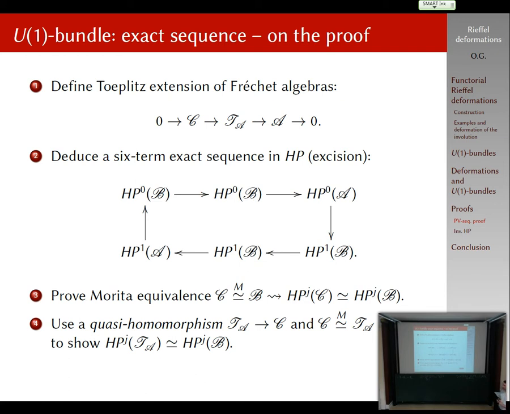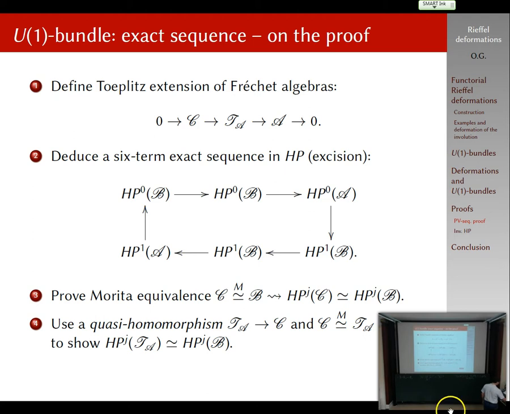So I'd like to pause for a moment on this point because here you say it's just a Morita equivalence, and here it's a quasi-homomorphism. The very meaning of Morita equivalence and quasi-homomorphism is clear, but Morita equivalence in this setting is not that clear.